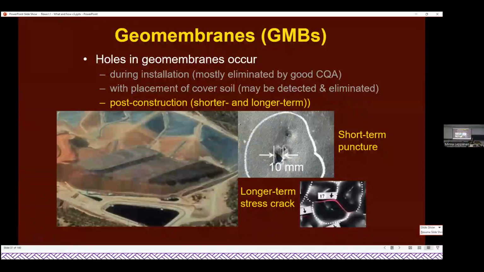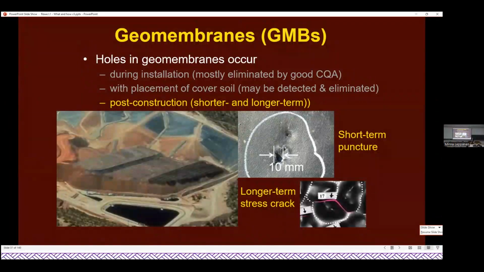And then there's post-construction. And this is particularly relevant to things like heap leach pads, where you have drainage layers in close proximity to the geomembrane, and you have, in some cases, very significant loadings, which can both, in the short term, create holes.